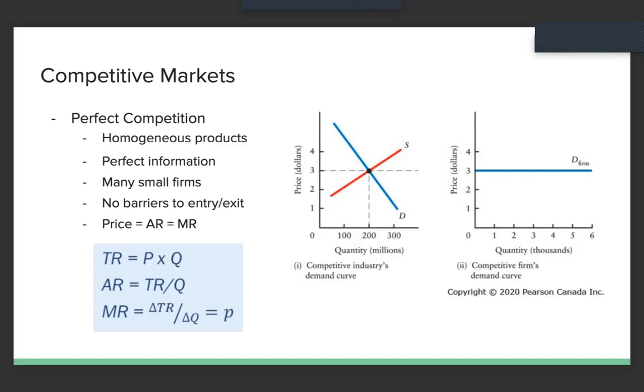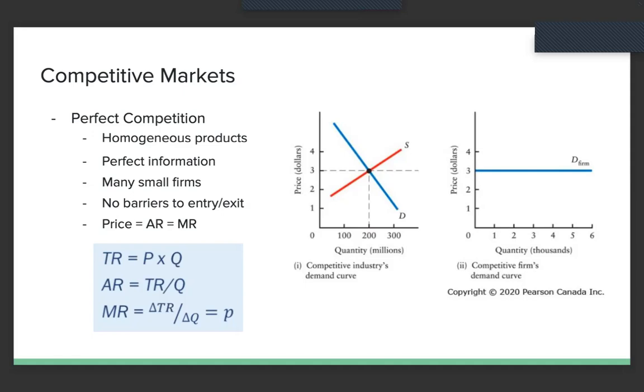Now if you look at the two graphs on the right, each individual firm's demand curve is perfectly elastic. This is just a way of showing that no matter how much a firm increases or decreases its quantity, it cannot affect the price of the good in the industry, because each firm is a price taker.